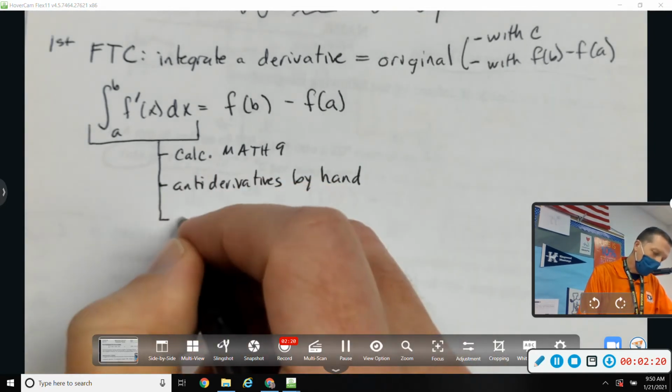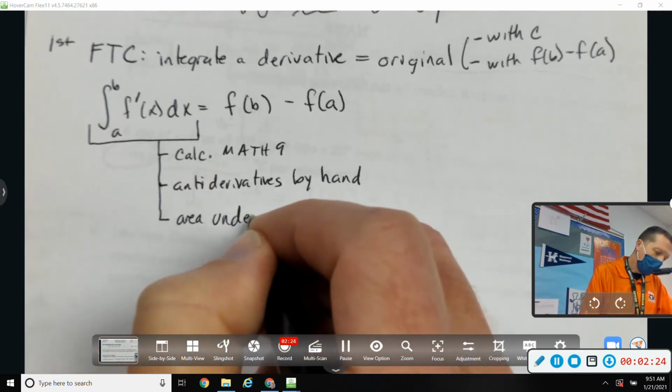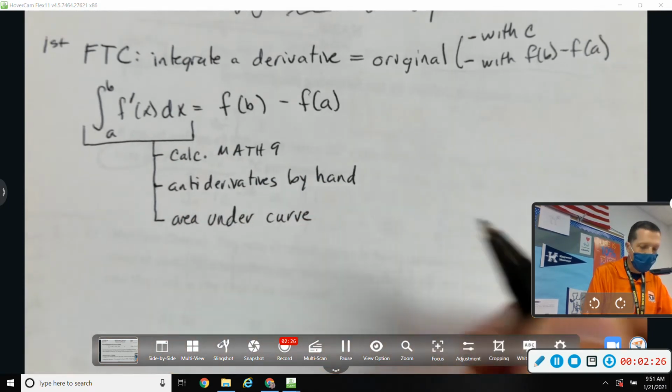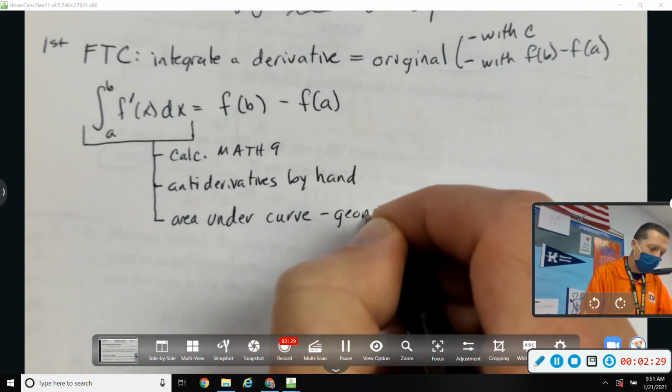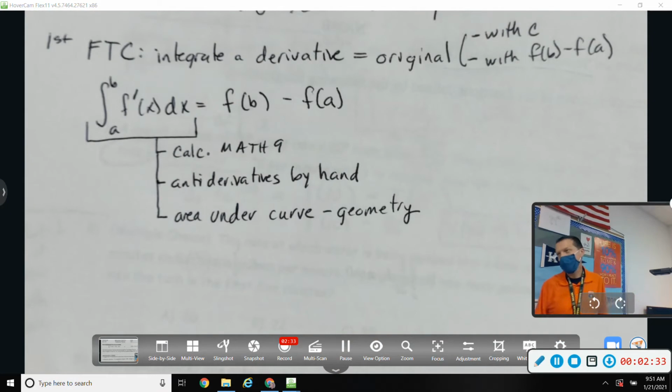And then we can also use area under the curve, if they give us a curve, and if it's a nice geometric formula. Or sometimes they just tell us what the area is. So like it's not a nice shape, it's just the area of that's 7. Like, okay, that makes the integral easy. You just told me what the answer is.